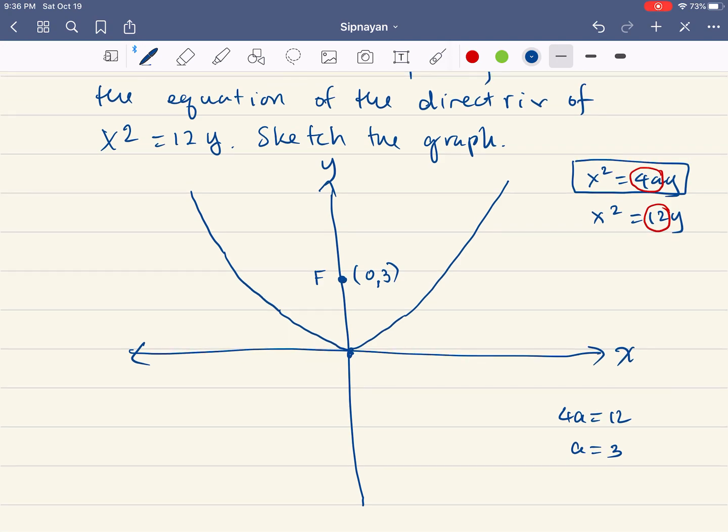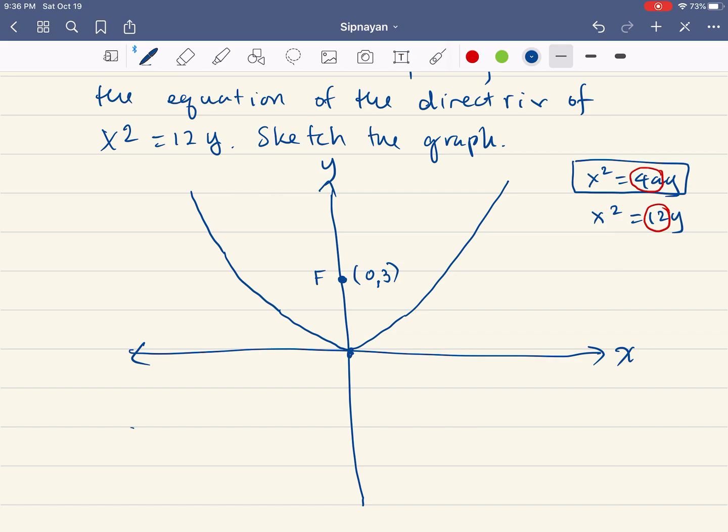Ano pa? Kailangan din natin hanapin yung directrix. Anong characteristic ng directrix? Same distance siya from the focus. The parabola is a set of points which is the same distance from a point which is the focus, ito yung F natin, and a line.